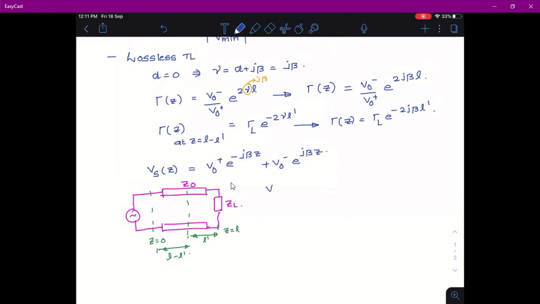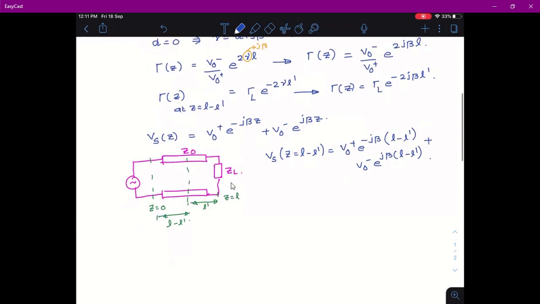So, Vs at Z equal to L minus L dash is equal to V0 plus e raised to minus j beta. So, wherever there is Z, you substitute by L minus L dash, plus V0 minus e raised to j beta into L minus L dash.